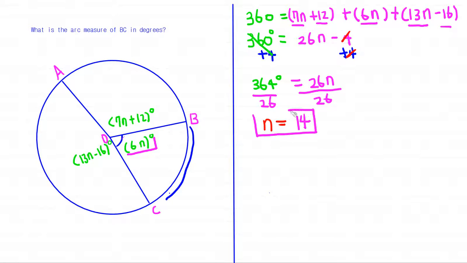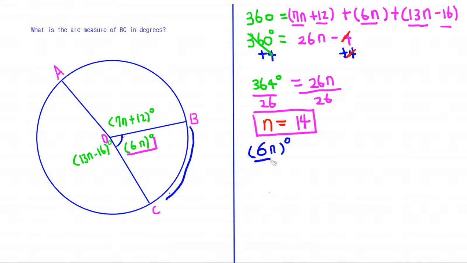But we are not done yet. We didn't solve this equation to find the n value. We solved this equation to replace n in this expression. The original expression is 6n degrees.